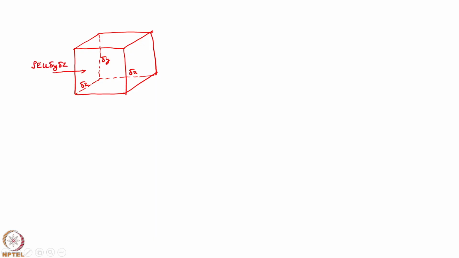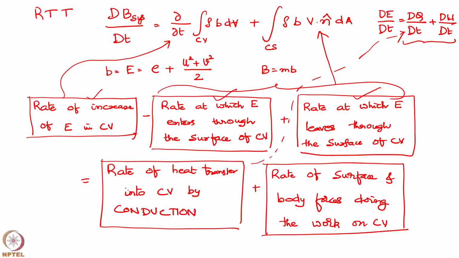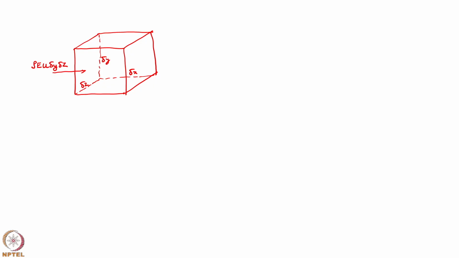The energy which is entering is rho E u delta y delta z. This is the rate at which E enters through the surface. And it is leaving as rho E u delta y delta z plus dou of rho E u by dou x delta y delta z.